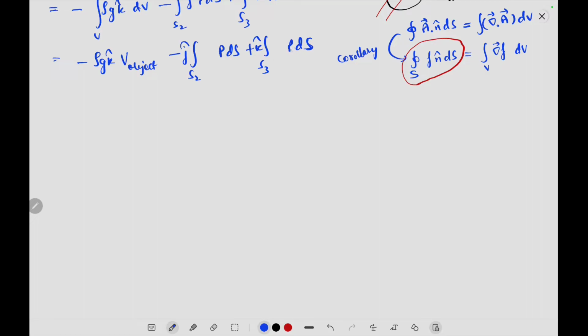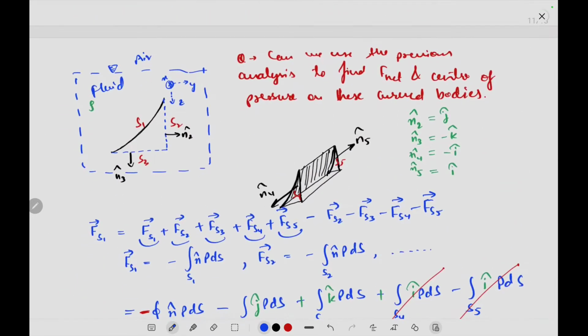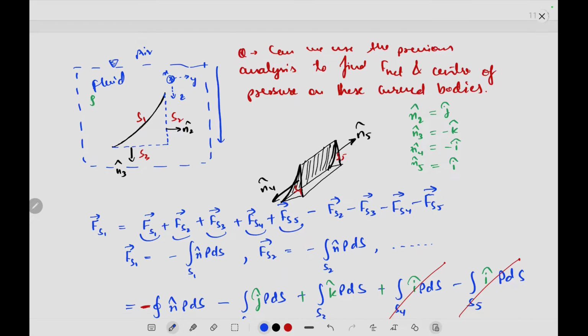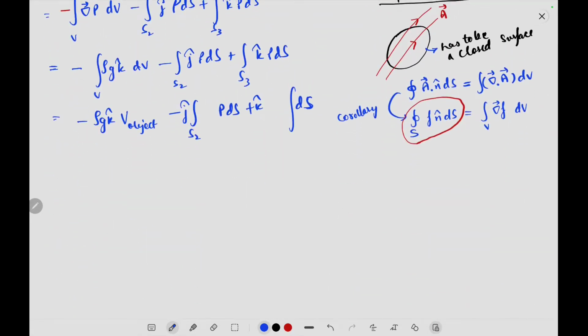Then this pressure can be taken outside of the integral. And what will be that value? That value will be simply the depth of this surface times rho g, simply the hydrostatic pressure. So we'll write the depth h rho g integral ds.